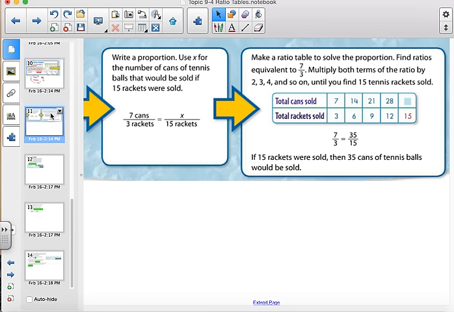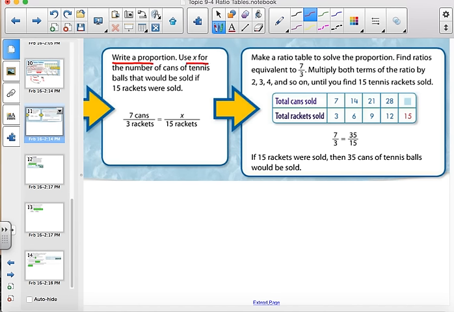They say, write a proportion and use X for the number of cans of tennis balls that would be sold if 15 rackets were sold. Then they give you the actual proportion with X as the unknown.